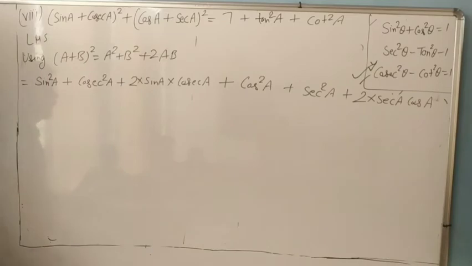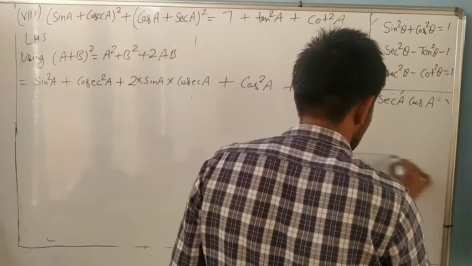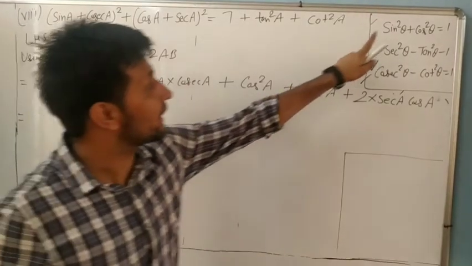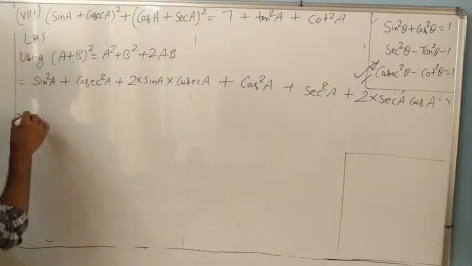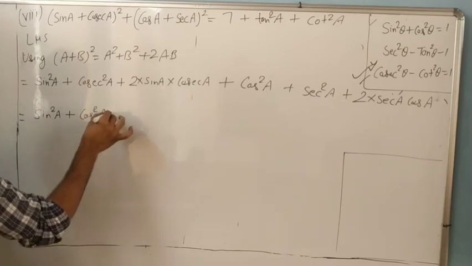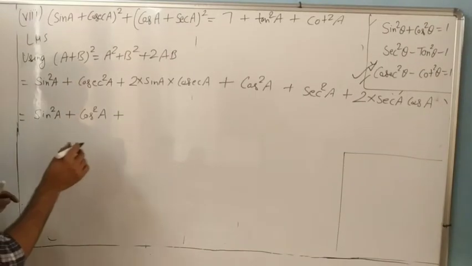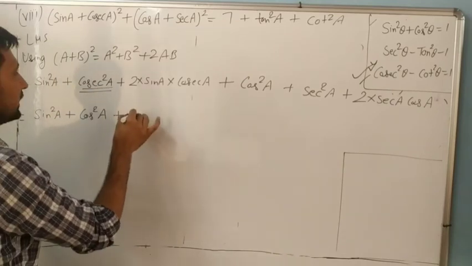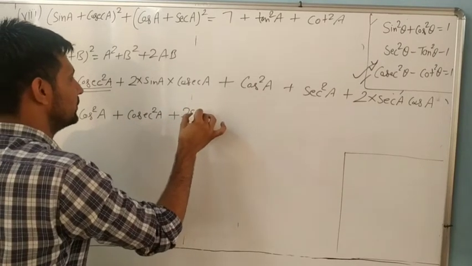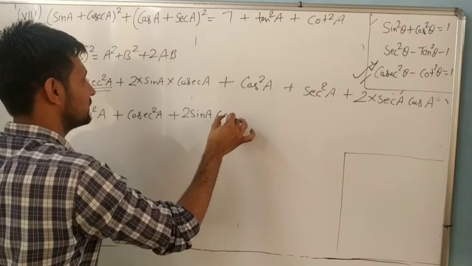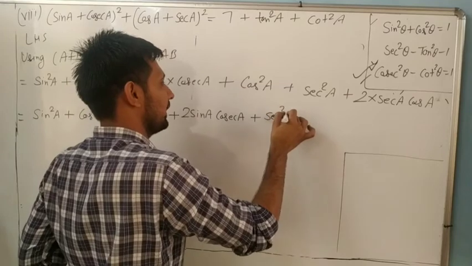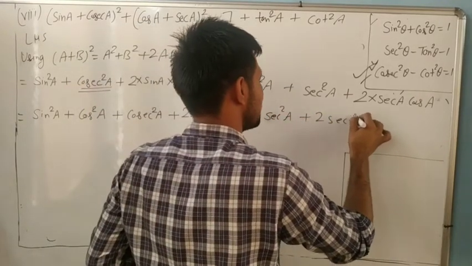Understand or not? We have only opened the formula. Now sin square A plus cos square A is always 1. So we write sin square A and cos square A together, plus cosecant square A plus 2 into sin A into cosecant A, plus cos square A, secant square A plus 2 into secant A into cos A.